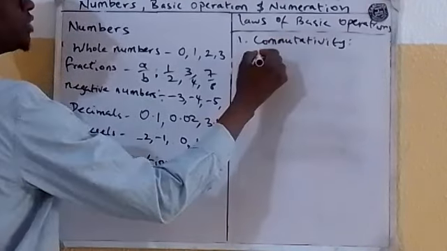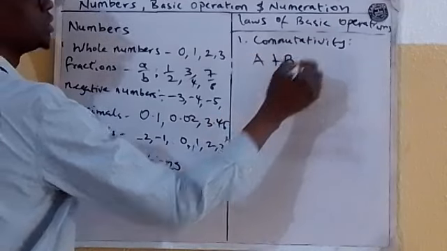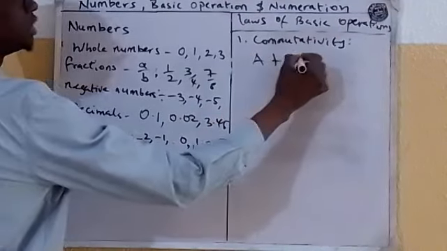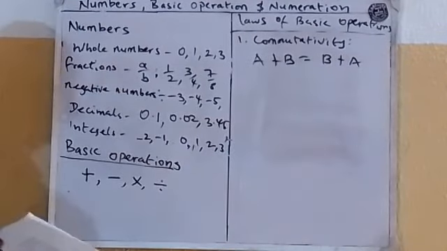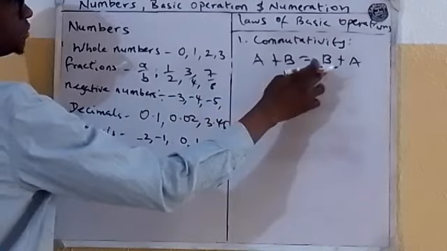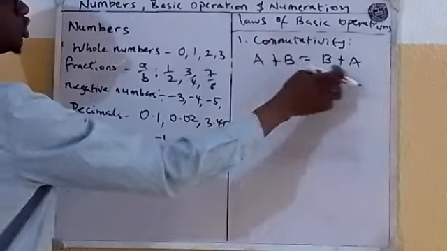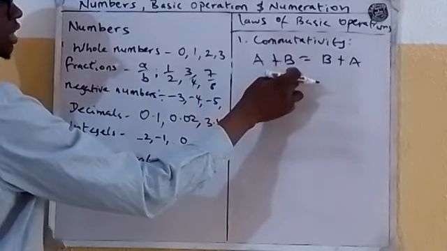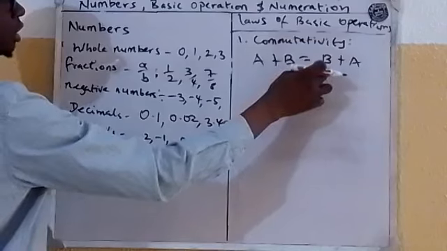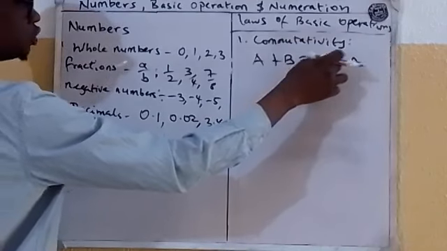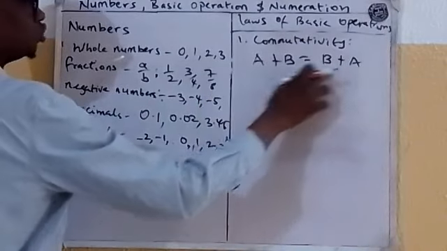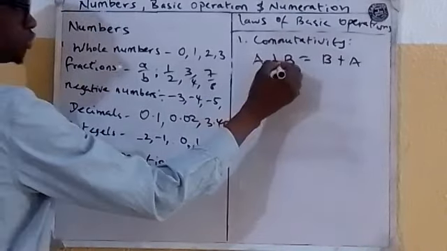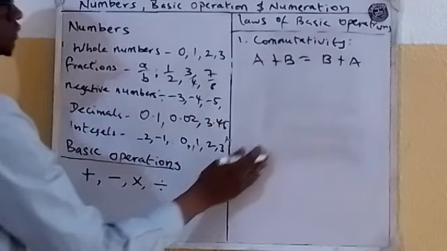If, for instance, you have A plus B, it is the same thing as B plus A. Even if you invert the positions of A and B, if on second thought I want to add B to A, it is the same thing as A plus B. So this is commutativity. It means that addition is commutative.